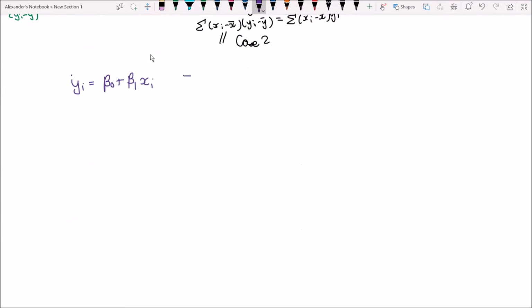And you can see the similarity between this and a straight line, which it in essence is. It's just y equals mx plus c, where c is now beta 0, m is beta 1, x is now xi, and y is replaced with yi.